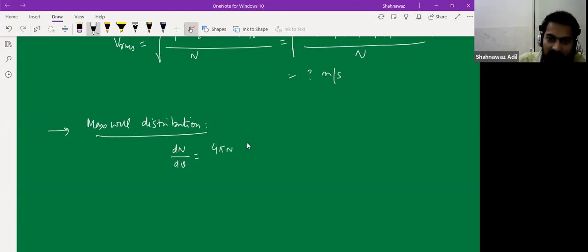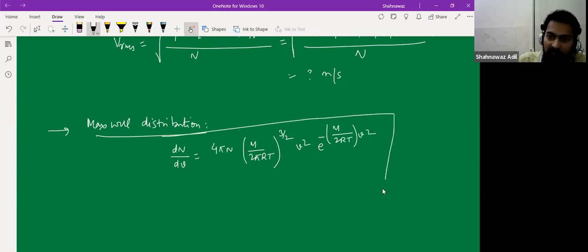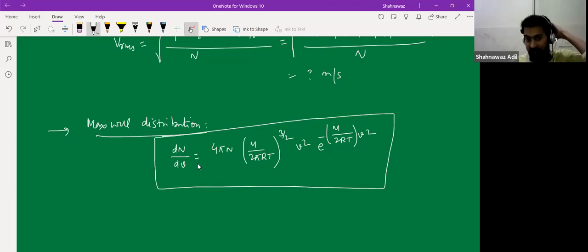So this was (m divided by 2 pi RT) to the power 3 by 2, and then v square, and then exponential of minus m v square divided by 2RT. This is the Maxwell distribution of gases contained in a container.